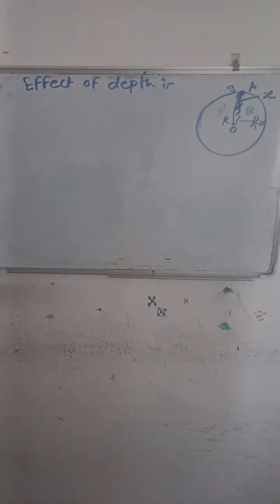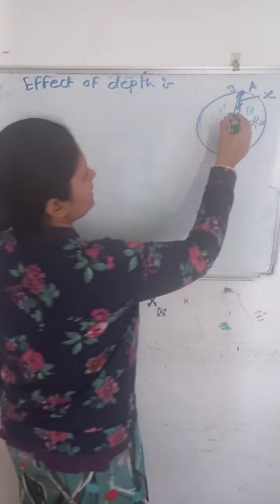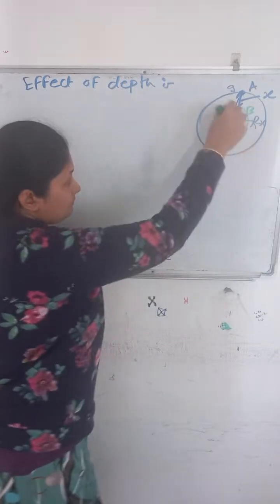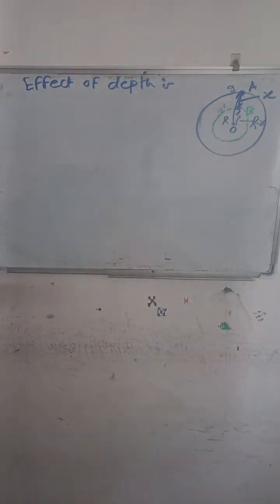So the total R gets divided from A to B and B to O, and at point B we have acceleration due to gravity g dash. If you are not getting it, you can just make a circle with this radius, where there is some gravitation.